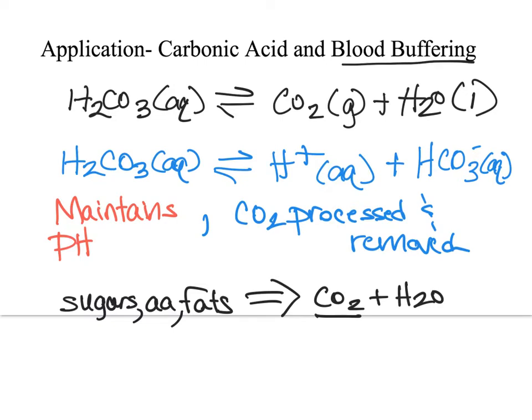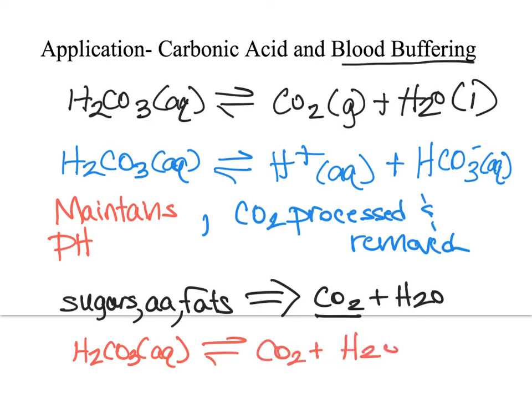The problem with elevating the amount of carbon dioxide, let's think about Le Chatelier's principle again. Rewrite this equilibrium: carbon dioxide plus water. As carbon dioxide increases, the equilibrium will shift to the left to make more of the carbonic acid.